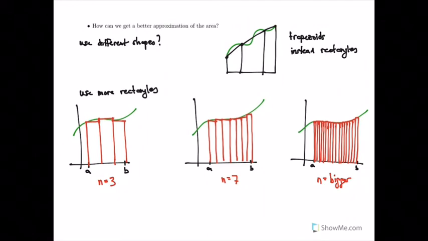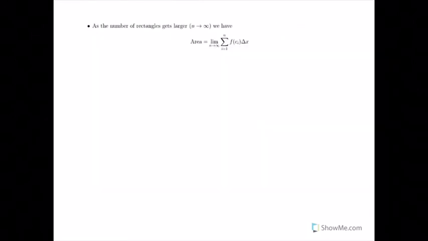And this is getting to our really big calculus concept. Really nothing we've done so far has anything to do with calculus at all until this next part, which is as the number of rectangles gets larger, as n goes to infinity, the area is actually equal to adding up the area of the n rectangles, which is given by this.